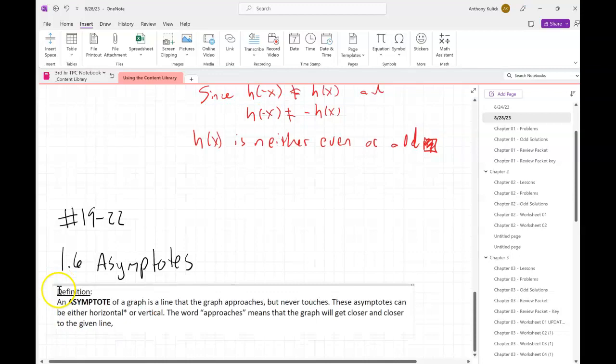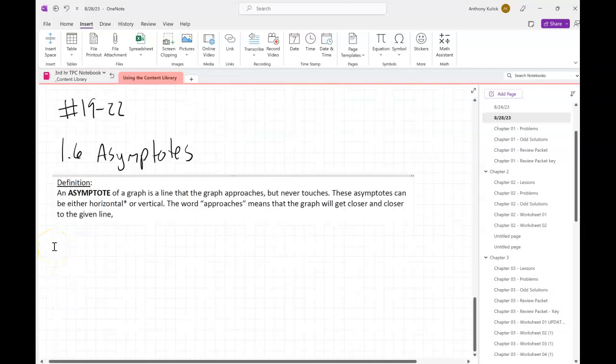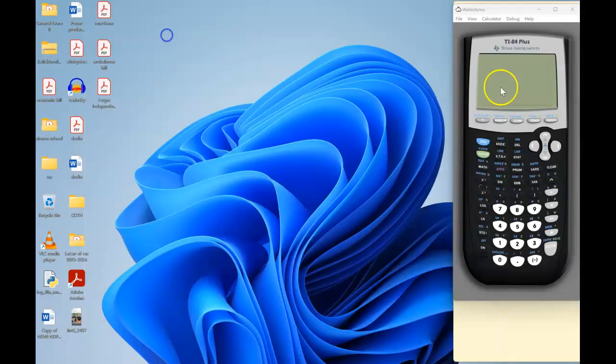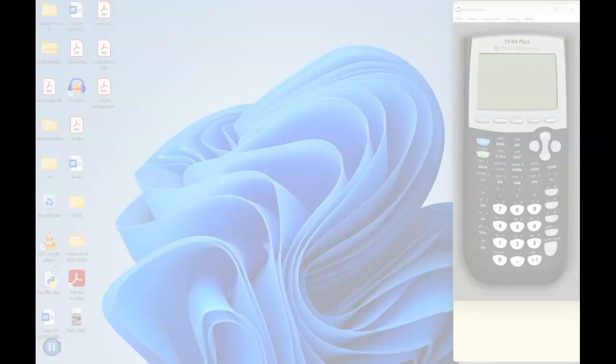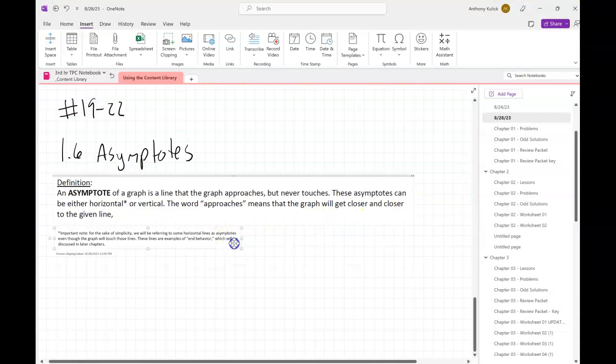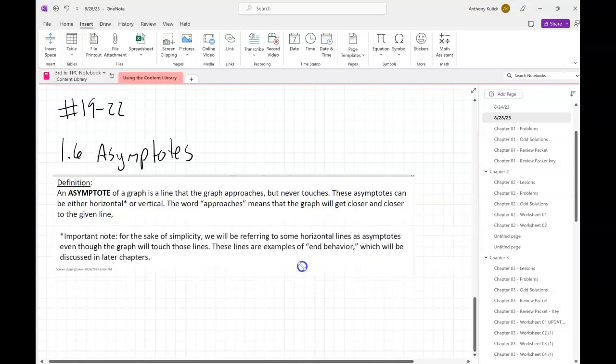Now, notice that I have a star here next to the word horizontal. The reason is that as far as we're concerned, we're still going to count things as horizontal asymptotes even if we might have some touching in the middle of the function, but at the ends we should never get a touch.